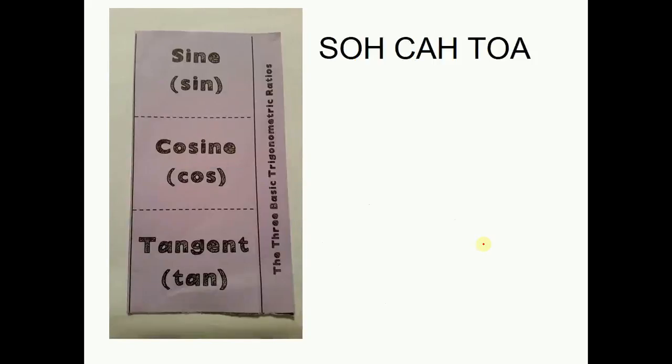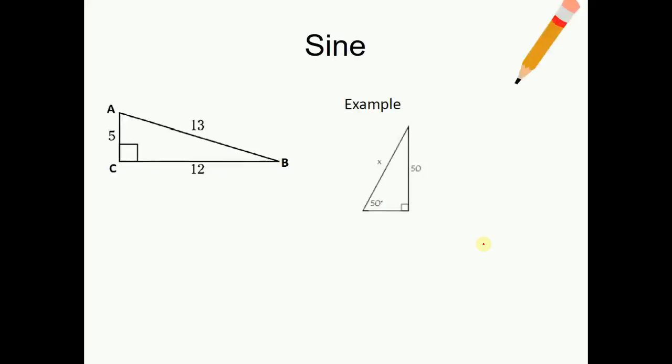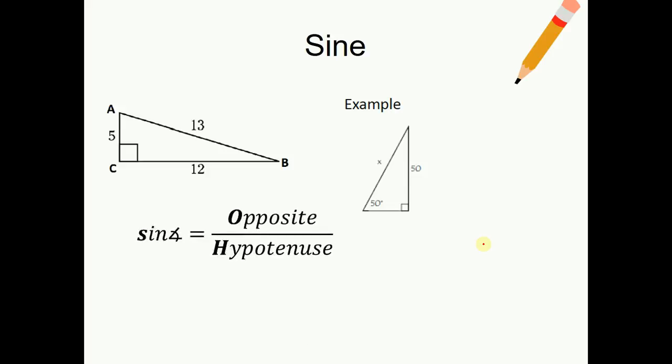Now go ahead and grab out that foldable that we cut together in class today and open up the first tab, the sine tab. Sine angles are when you have the opposite side over the hypotenuse. So up here, if you want to make a little note, a good way to remember this is: sine is opposite over hypotenuse.